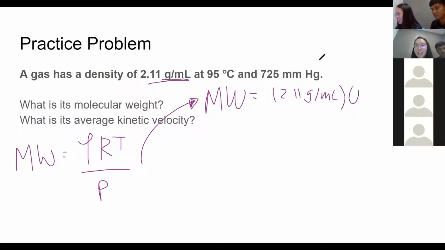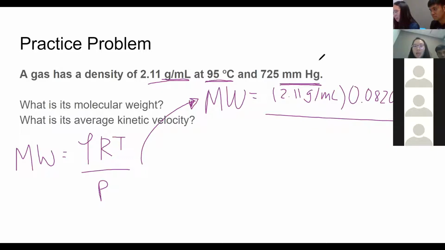R is our gas constant, 0.08206. Temperature needs to be in Kelvin, so we add 273 plus 95, which gives 368 degrees Kelvin, all over P, the pressure in ATM.